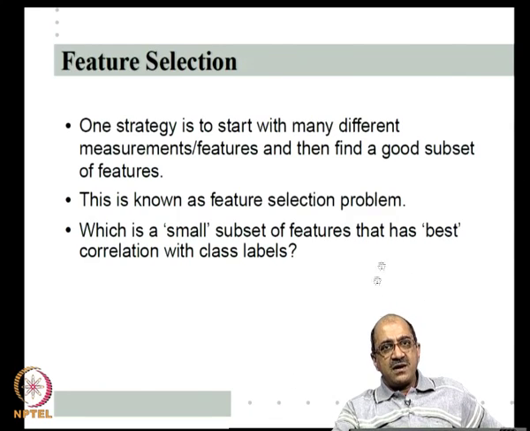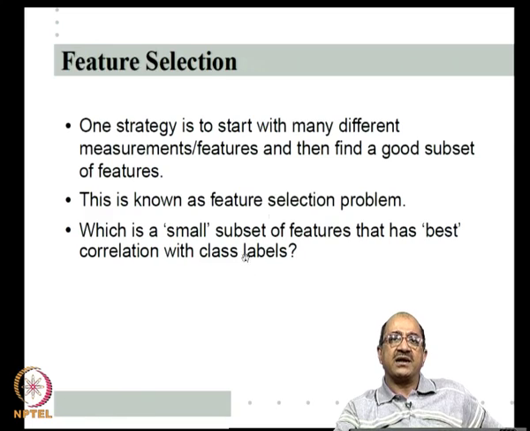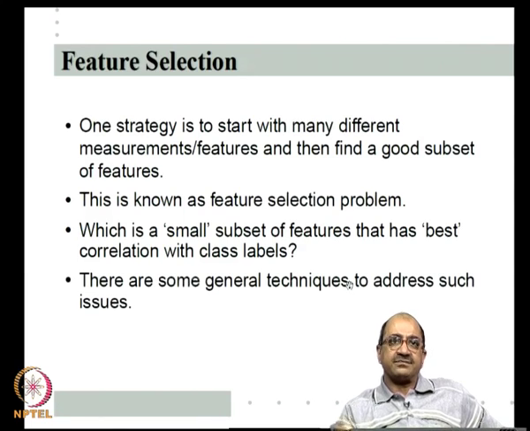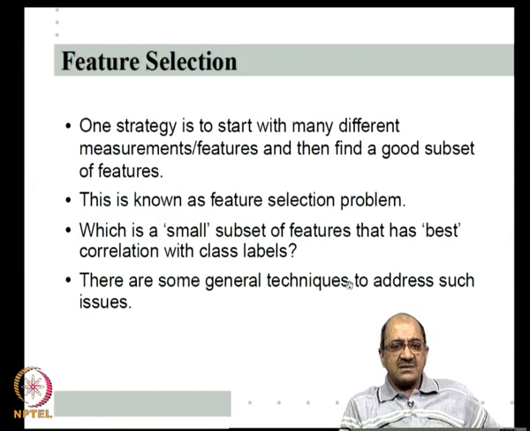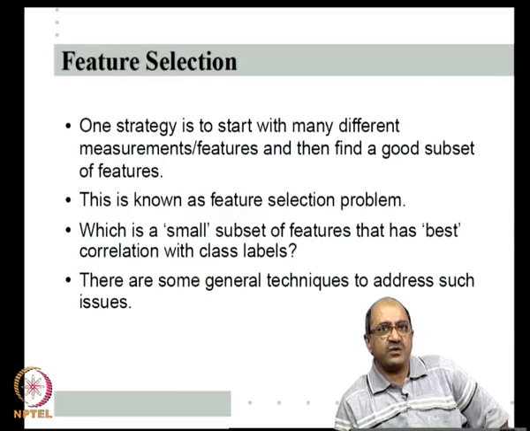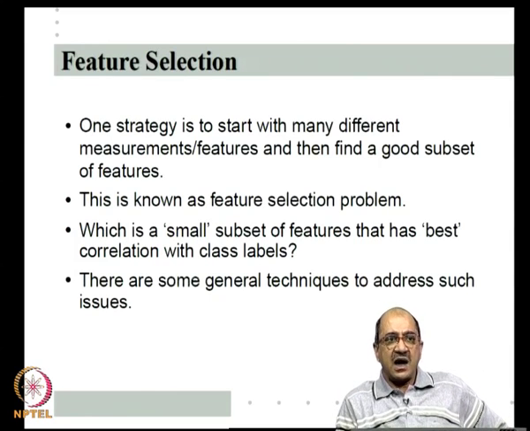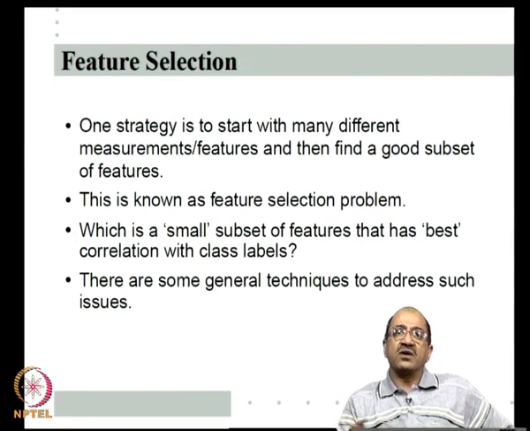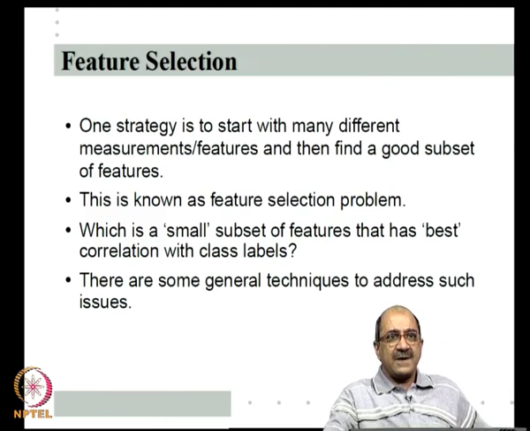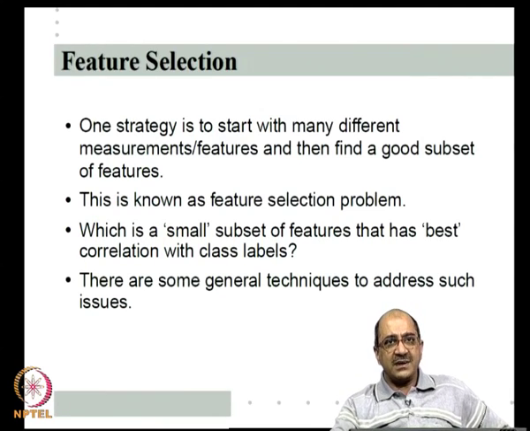There are some information theoretic ways of formulating this question, asking which subset of features gives me the best information regarding the class label, and we can use such notions to decide which subset of features to select. So, there are some general techniques which say, if you can measure these 500 different features, I might be able to provide you with a good subset of some 50 features. These are computationally expensive, but they are often useful.